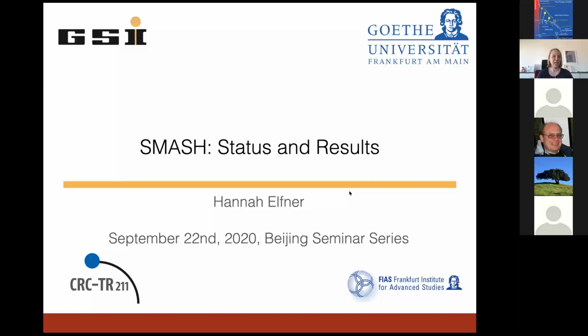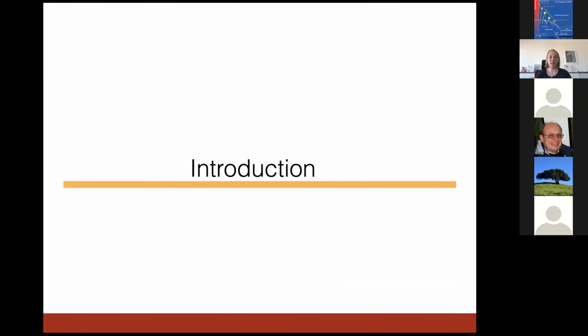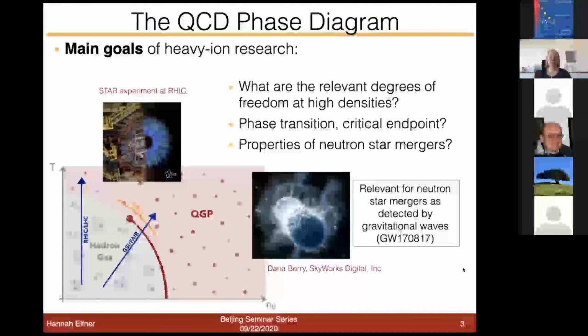a more general introduction, because this is a seminar about the beam energy scan energies, and I don't have many results directly related to the experiments in that region, but we're moving towards there. The main goals, as we know in our field, are to understand the relevant degrees of freedom at high densities in this case, but of course also at high temperatures.